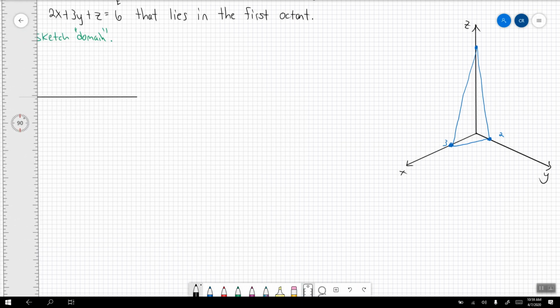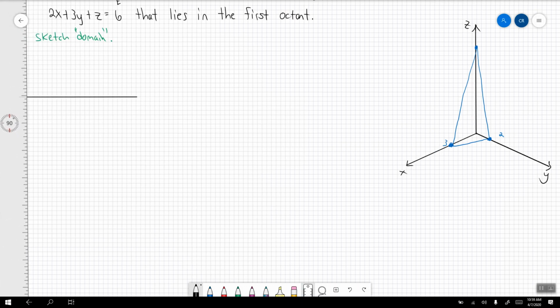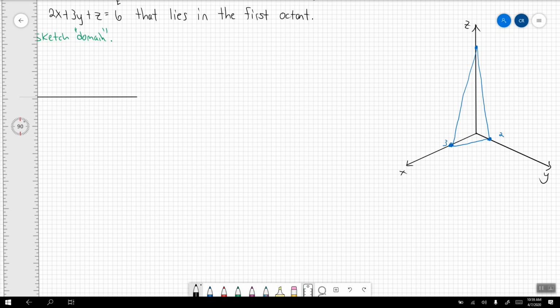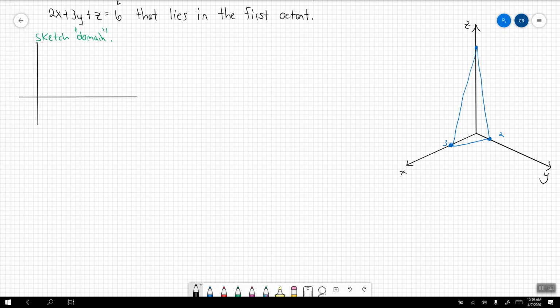Now, since this is all in the first quadrant, I'm only drawing this with respect to the first quadrant. So this is going to be y, and this is going to be x. So under these assumptions, I'm working with 2x plus 3y plus z is equal to 6.